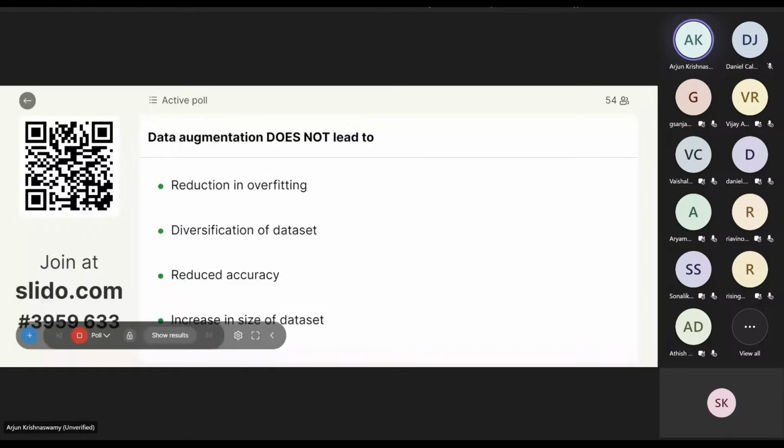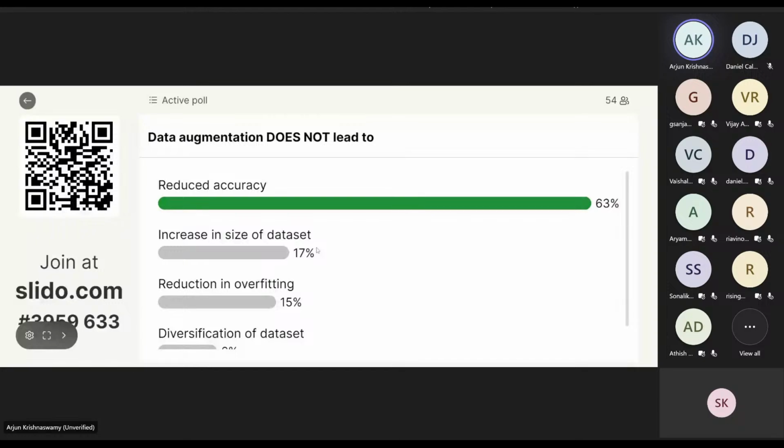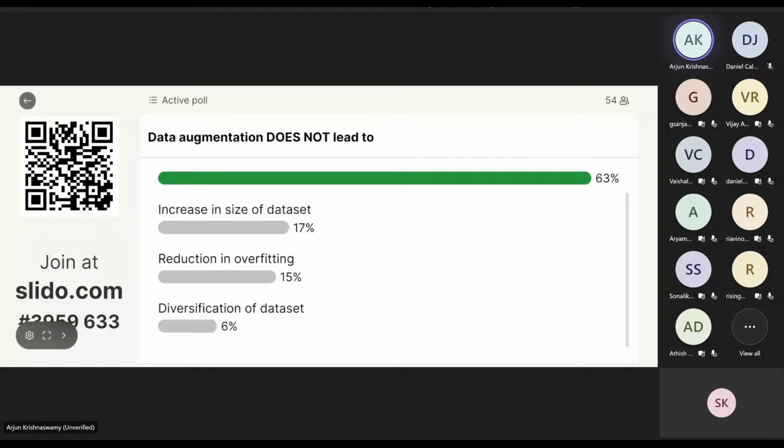It's a very straightforward question. It reduces overfitting, increases the size of the data set, and also helps in diversifying the data set. So I'll stop this.